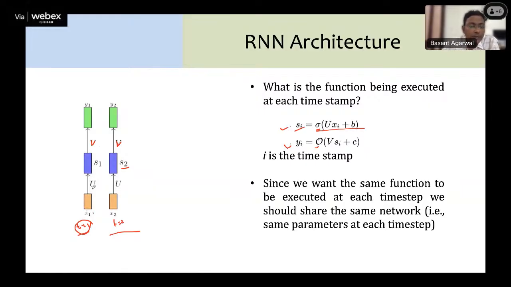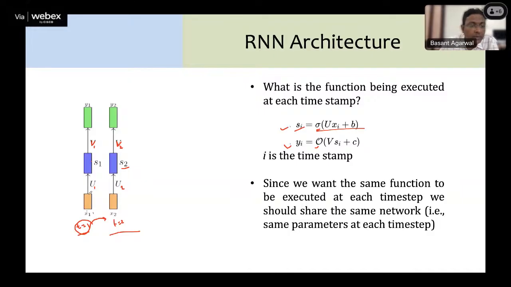Why is it important? Because if we will not do this, if at t is equal to 1 this is u1 and at t is equal to 2 let's say this is your u2, the weights will be different. So in that case, we'll not be able to consider the previous sequences. And when we pass the information from t is equal to 1 to t2, that can only be passed through these weights. Okay, so we'll see different possibilities of passing this information from t is equal to 1 to t is equal to 2.